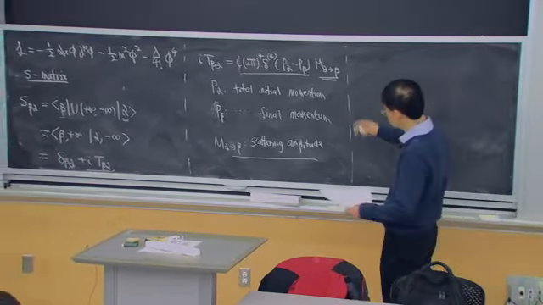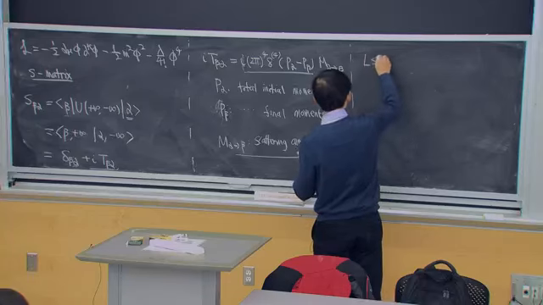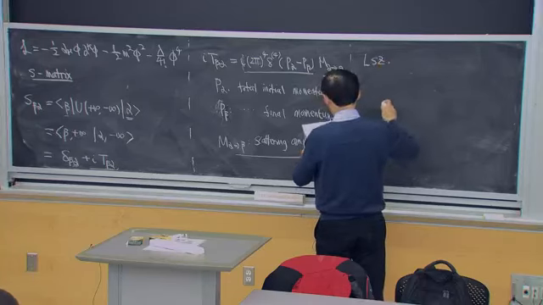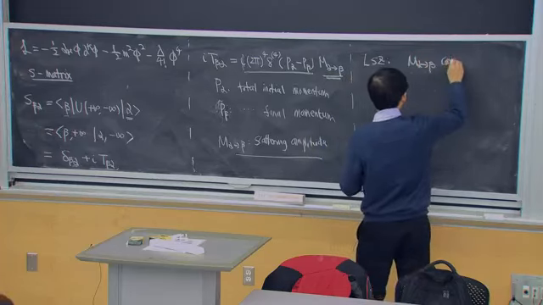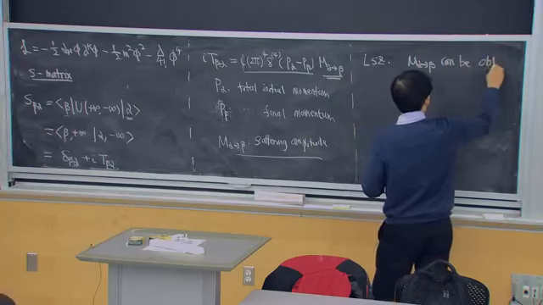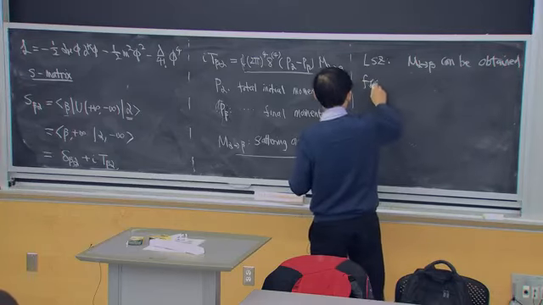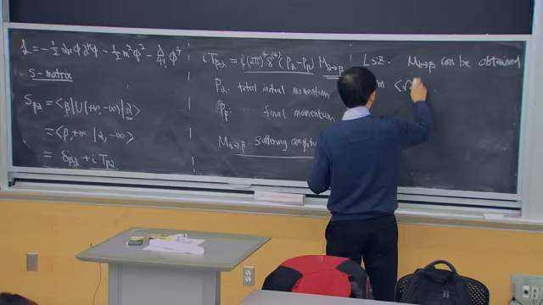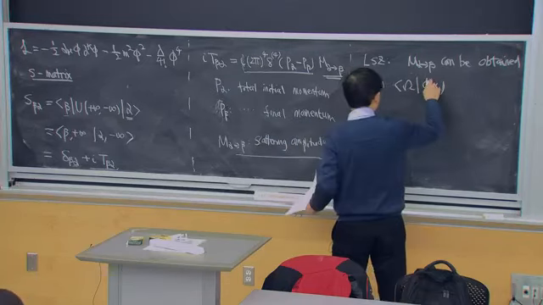So one of the key points is that there is this LSZ theorem, which says, as I just mentioned, that M alpha beta can be obtained from a correlation function like this, say for example for that theory.